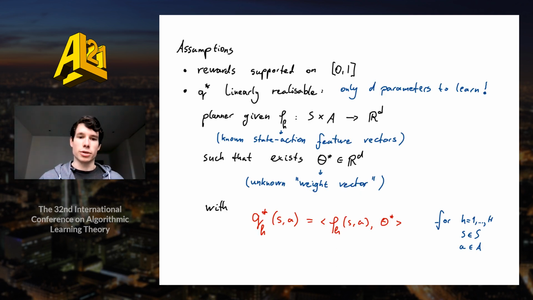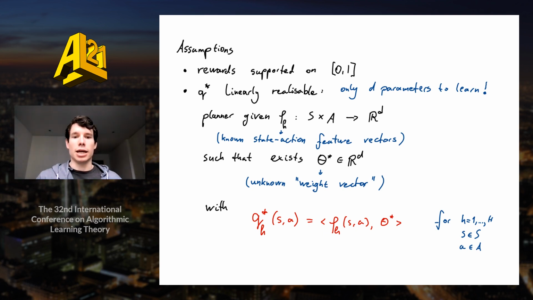We make two assumptions. One is that the MDP has rewards supported on 0, 1. And two, that the Q star function, the optimal action value function corresponding to the MDP, is linearly realizable.